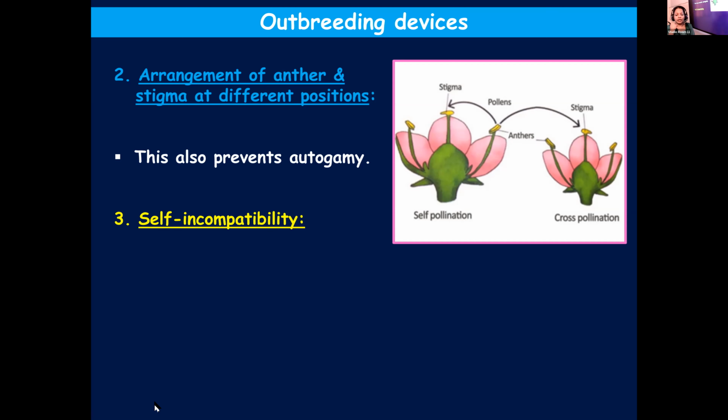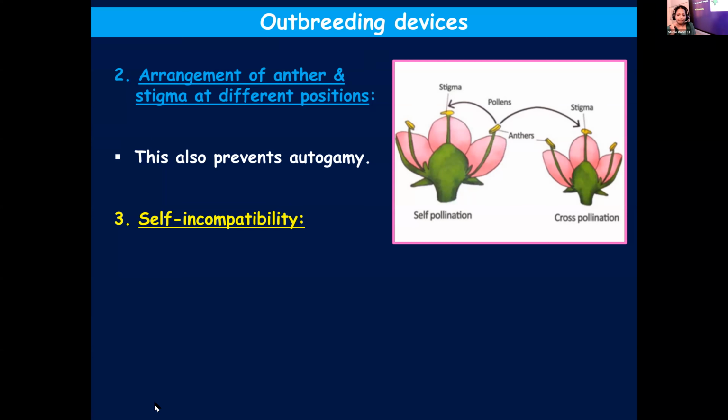So that is a normal procedure. But in order to promote cross-pollination and to prevent self-pollination, some of these flowers develop a genetic mechanism. You call it self-incompatibility. It means its own pollen will not become compatible. Even if the pollen grains of the same flower fall on the stigma of the same flower, under normal conditions, since it belongs to the same species, same flower, same plant, pollination should happen and pollen germination should take place.